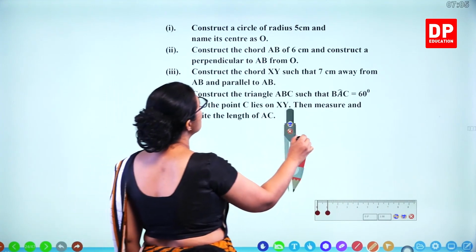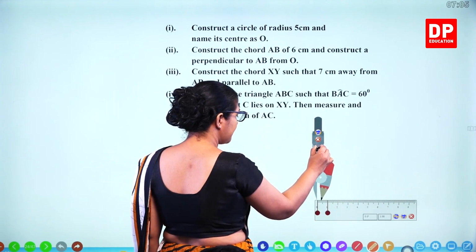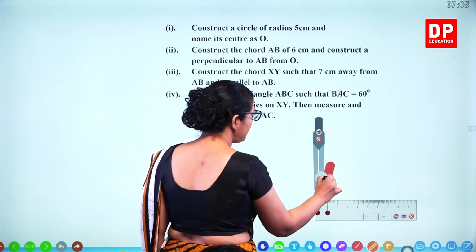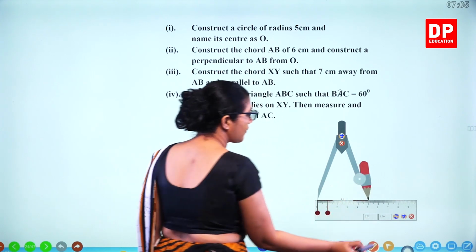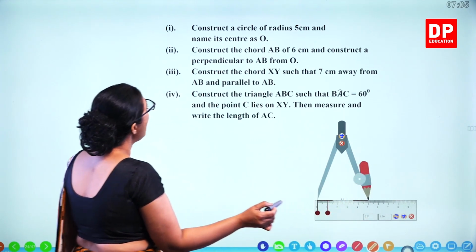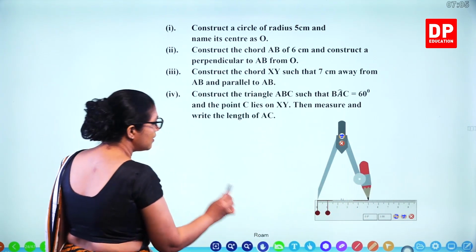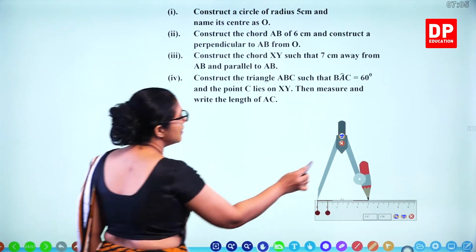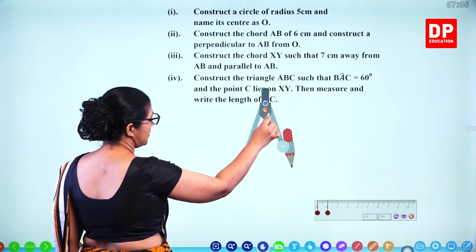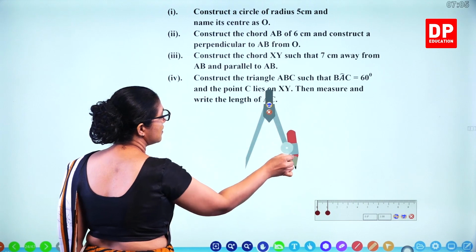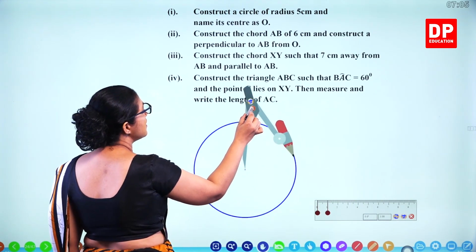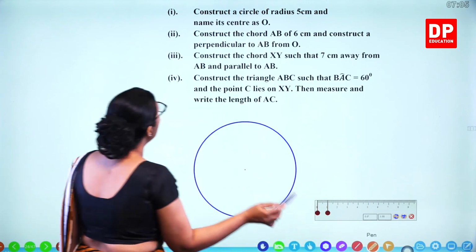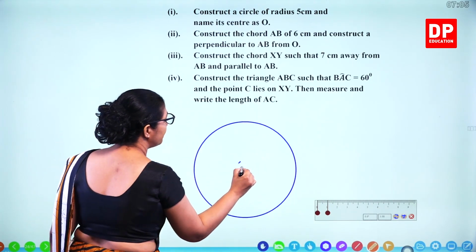So we have to measure 5 cm length and draw the circle. Drop the circle and it says name the center as O.